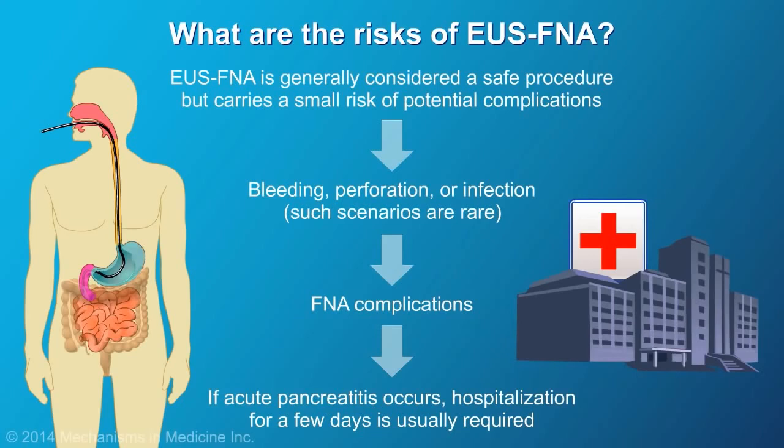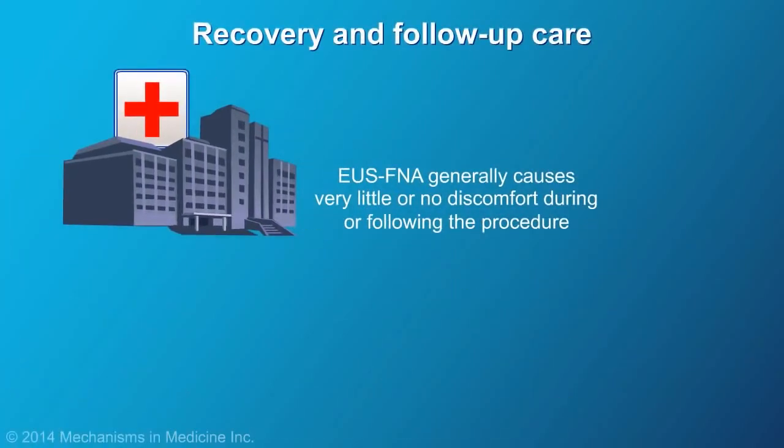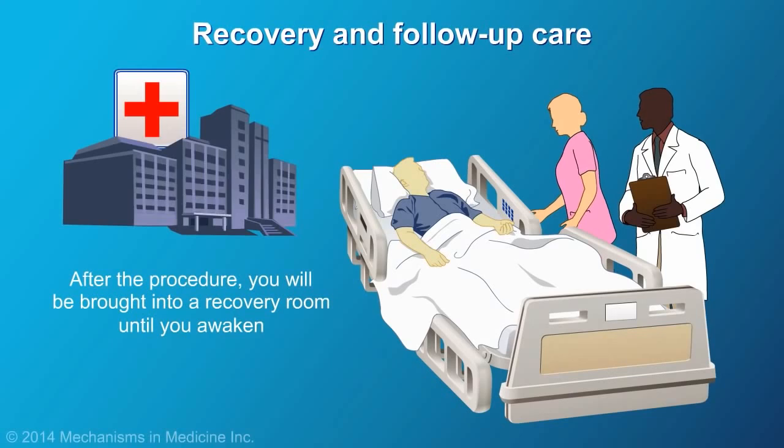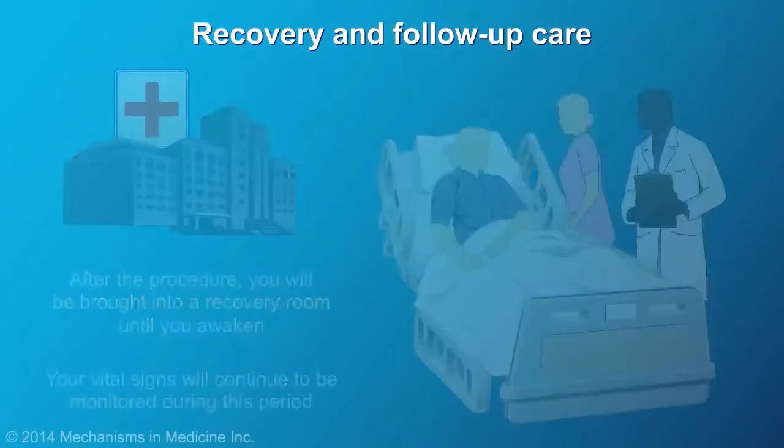Pancreatic bleeding or infection due to tissue sampling attempts can also occur, but are very rare. EUS-FNA generally causes very little or no discomfort during or following the procedure. After the procedure, you will be brought into a recovery room until you awaken, and your vital signs will continue to be monitored during this period.